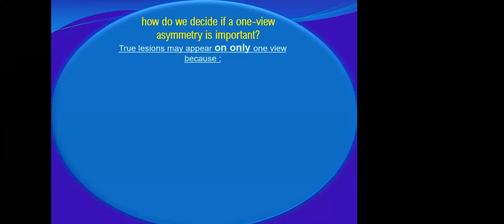So how do we decide if a one-view asymmetry is important? A true lesion might appear only on one view.